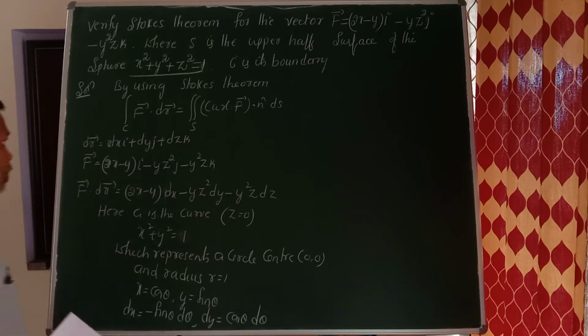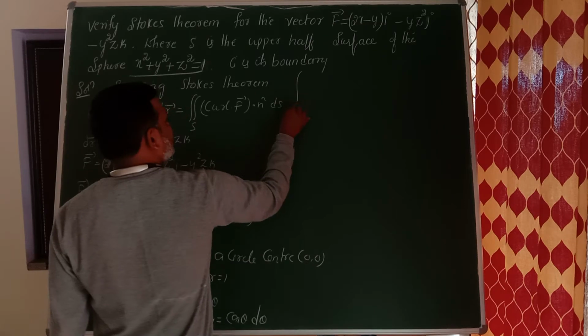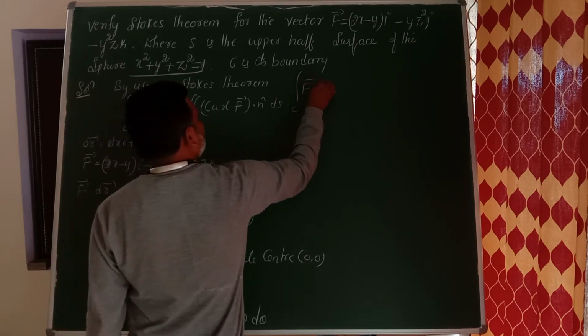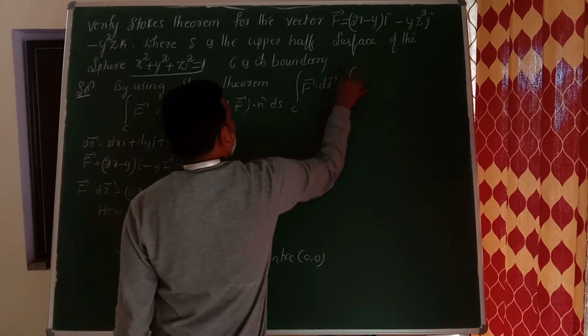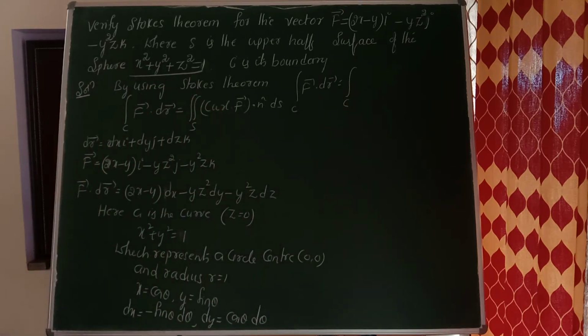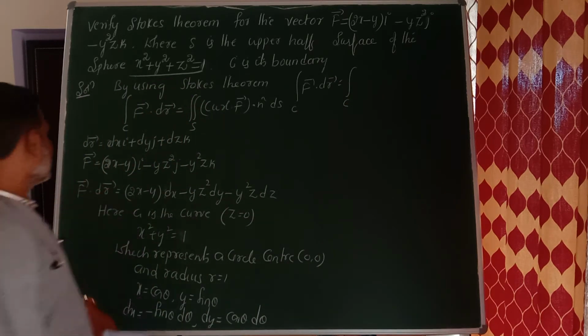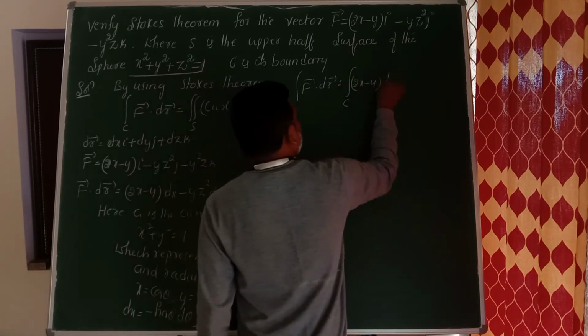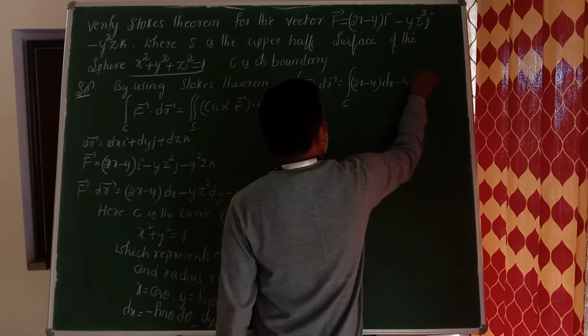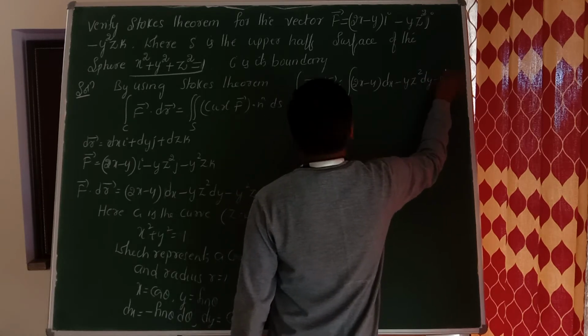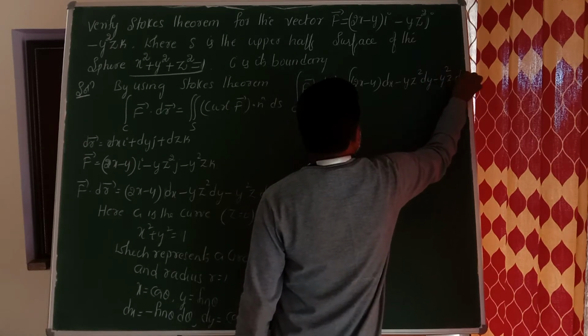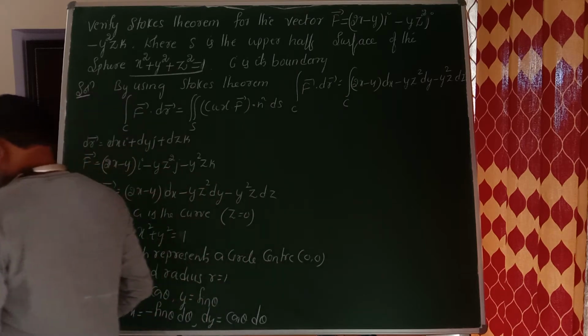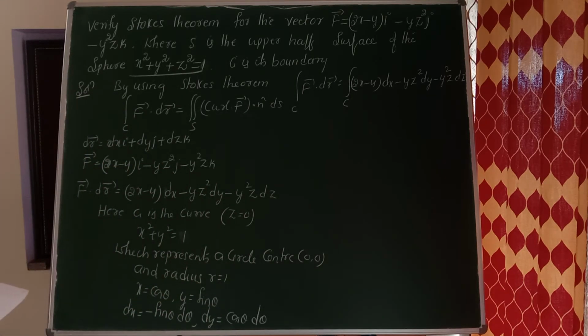Now let us find the line integral over C of f dot dr. What is f dot dr here? We have calculated already: (2x minus y) dx minus yz squared dy minus y squared z dz. Under the boundary condition, the z coordinate is 0.